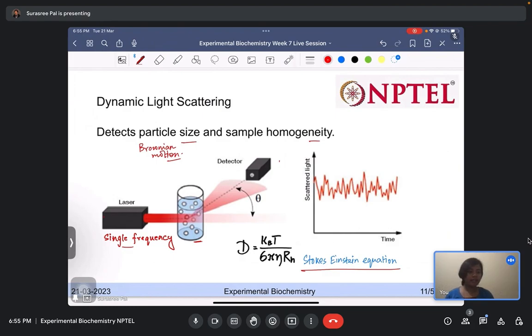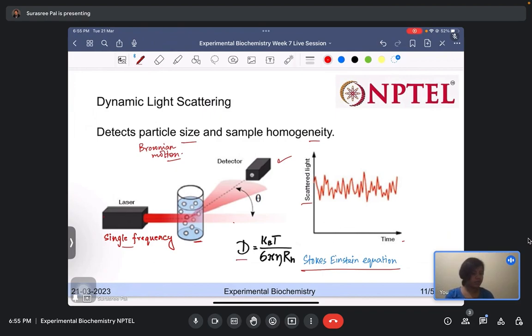This deflection, the scattering of the light at a certain angle, can be detected by this detector, and the intensity of the scattered light is plotted with respect to time, by which we can determine the diffusion coefficient of the sample.